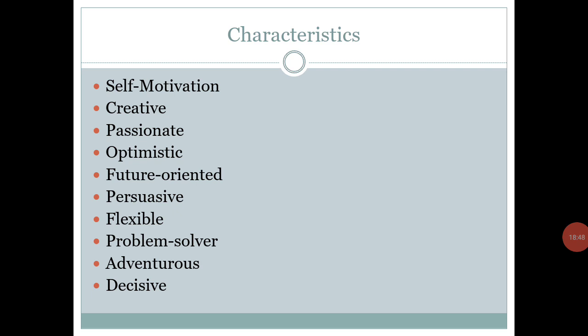Then decisive. See, this person has a good ability of decision making actually. Okay, means what? Yes, he takes timely decisions and strives to achieve it. Okay, this is the thing.